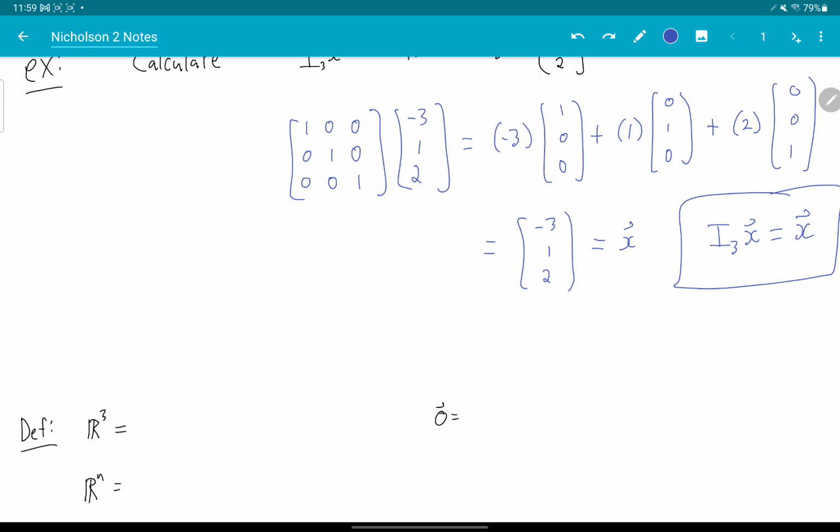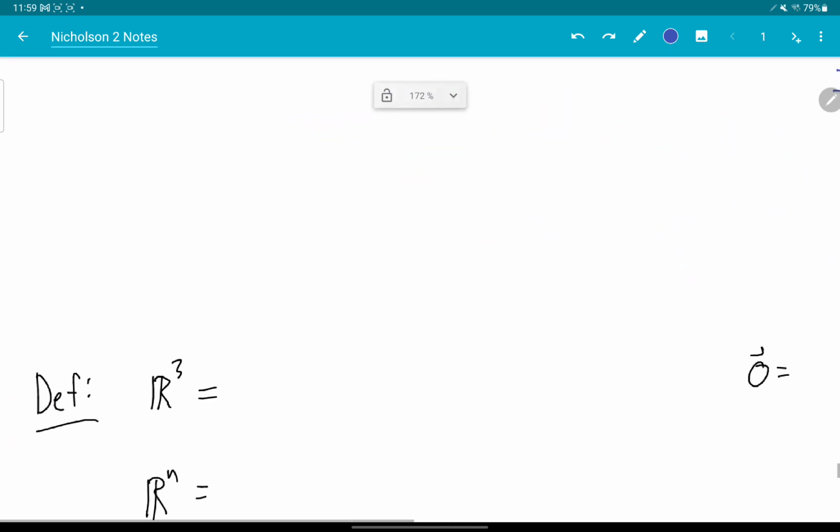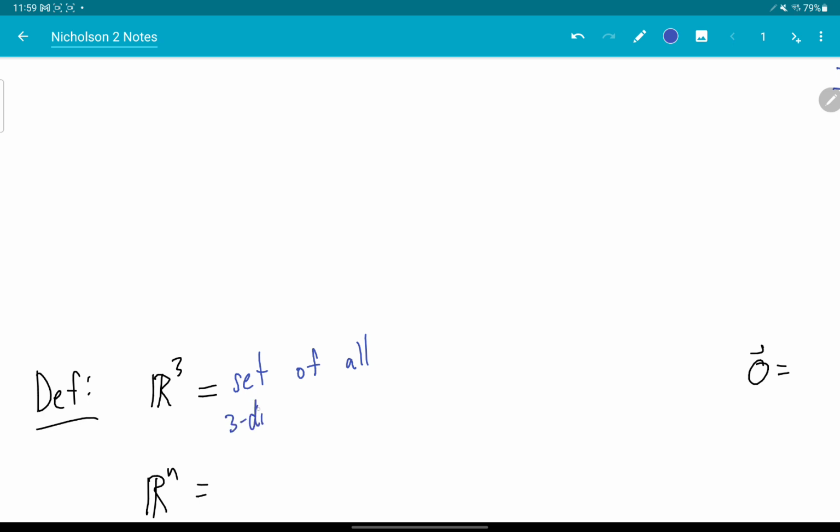Okay, I've been talking about vectors for a while now, and I want to throw in a few definitions here. Now, we know what the real numbers are. Now, we're going to define R3 to be the set of all, let's write it in English here, set of all 3-dimensional vectors.